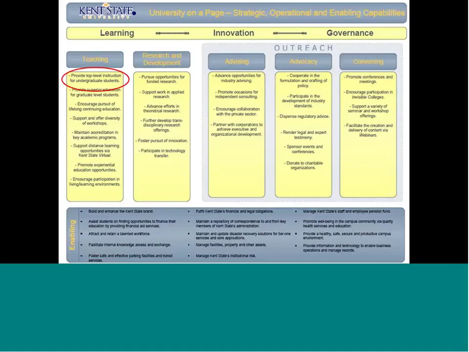So if you're going to try to make sure that you have the assets you need and that they're being used appropriately, you want to put your effort into the area that has the greatest value or the greatest cost to the organization. If you had a particular cost or a pain point or a problem with an enabling capability, that might be a target for an audit as well. But primarily, you want to make sure that the operational capabilities of your organization are functioning at their maximum capacity.